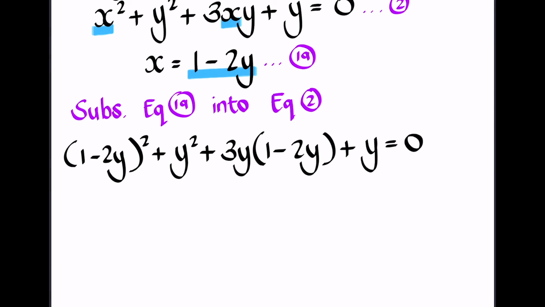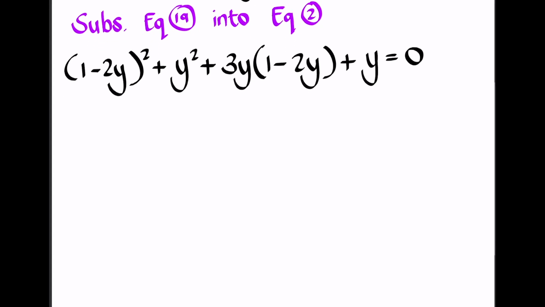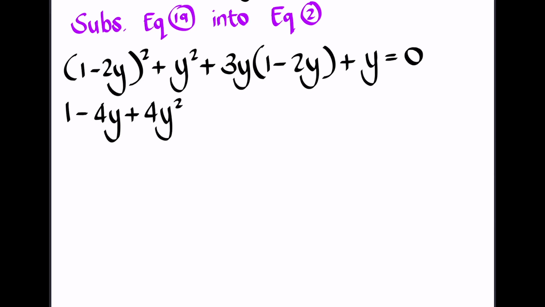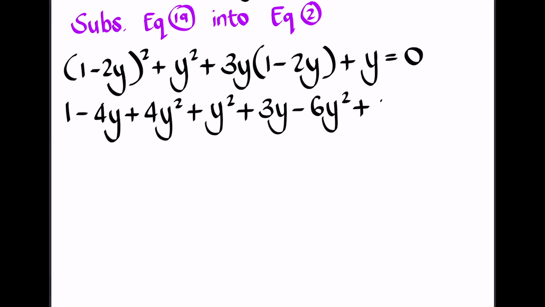All right, (1 minus 2y) all squared becomes 1 minus 4y plus 4y squared, plus y squared, plus the 3y when it jumps into that second bracket. 3y times 1 is 3y. 3y times negative 2y is negative 6y squared, plus y equal to 0.